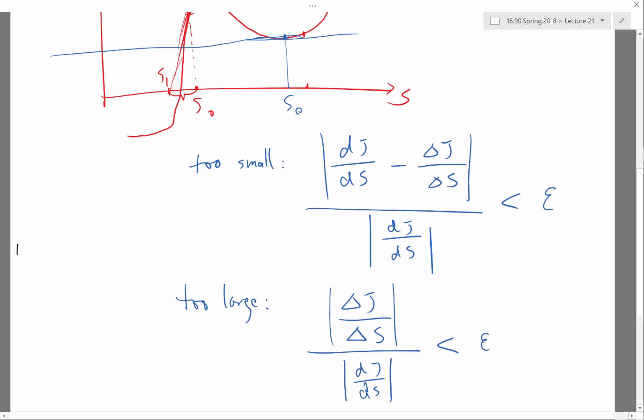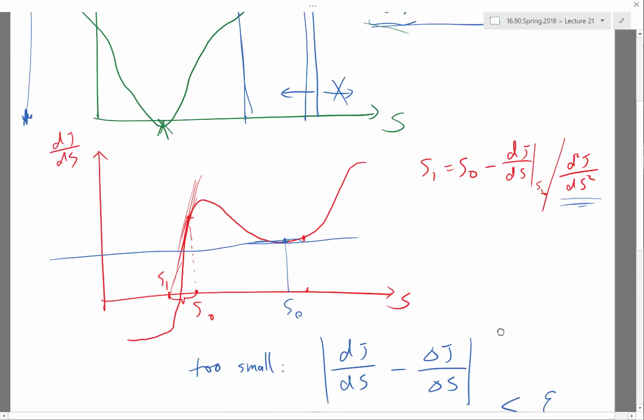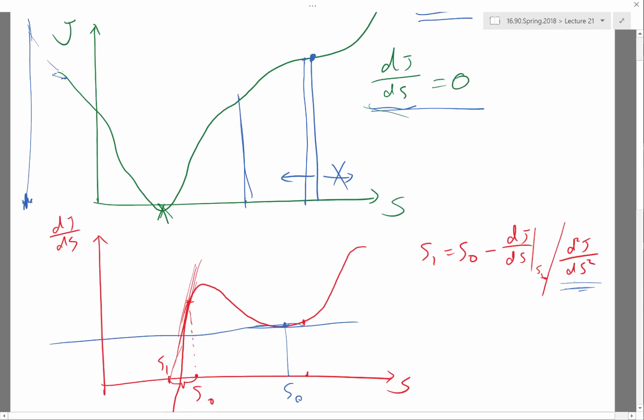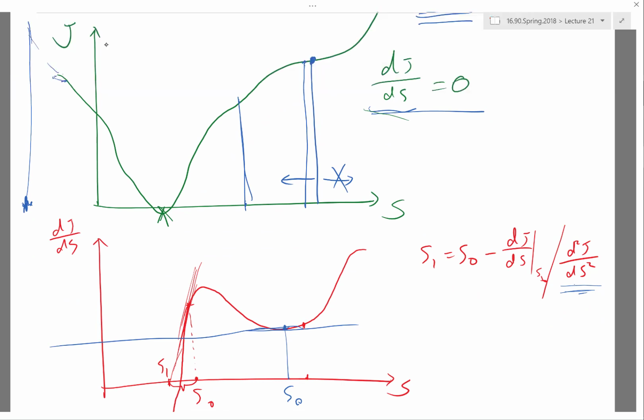Yeah, sorry, what's the difference between dJ and delta J? What are you defining the step size? So dJ/ds is the derivative in controls. Delta J is the actual change in the objective function, and delta s is the actual change in the design parameter.